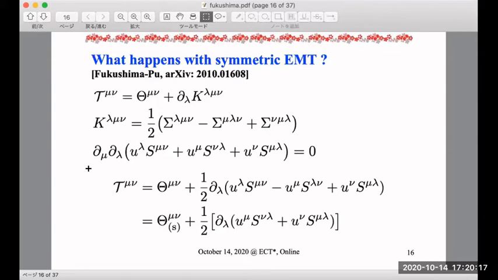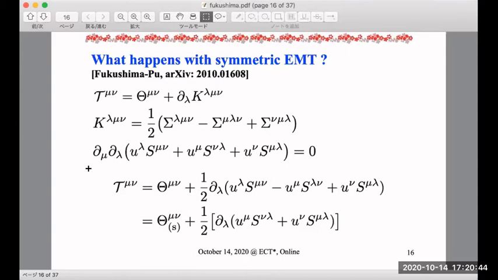May I finish? What I'm saying is the following: if you include the spin potential, so if the spin potential differs, as some extra thermodynamic field which is not identical to the thermal vorticity, then you have 6 additional thermodynamic fields. It's like a chemical potential, but it has 6 components.